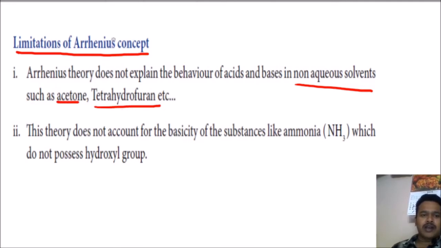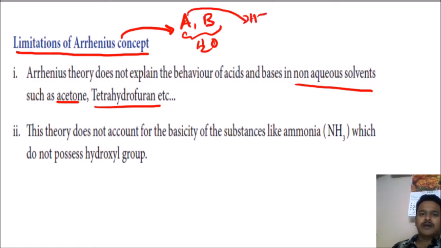He is explaining acids and bases only in water, in H2O only. An acid means H plus giving, a base means OH minus giving, that's it. Non-aqueous solutions like acetone and tetrahydrofuran he didn't explain. So it is a limitation, a drawback of Arrhenius.